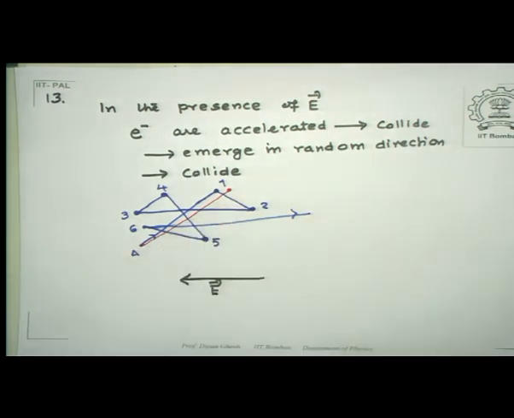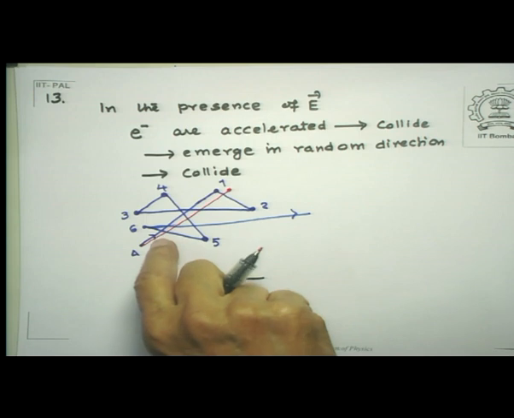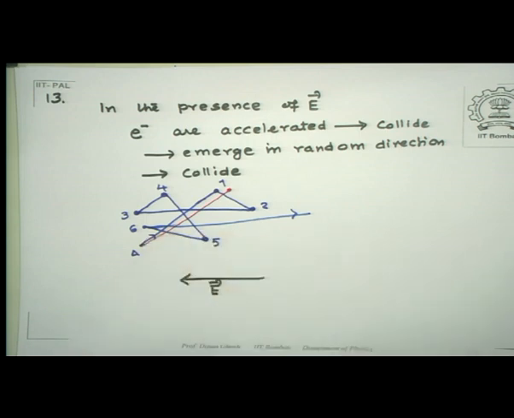Now this path, though I have shown it as a straight line, is actually slightly curved, though over this length scale it would appear to be a straight line. The reason is that the direction of the acceleration due to the electric field and the direction of the velocity are not the same.